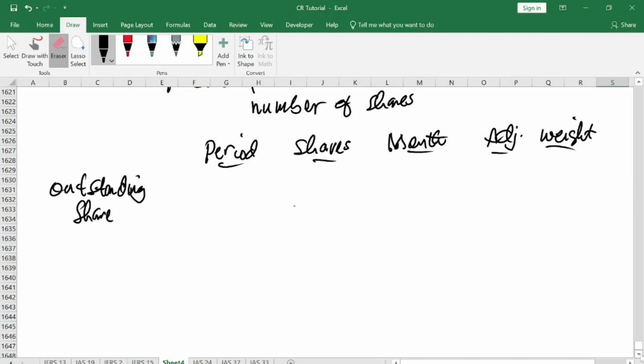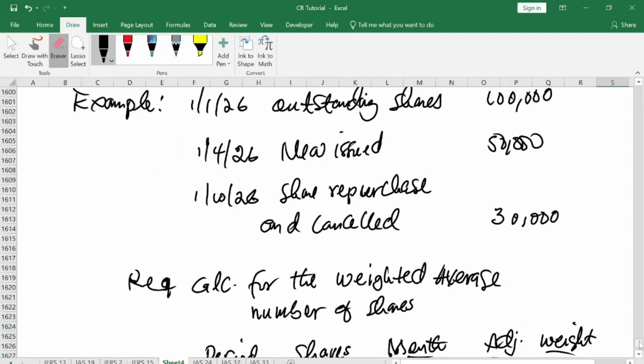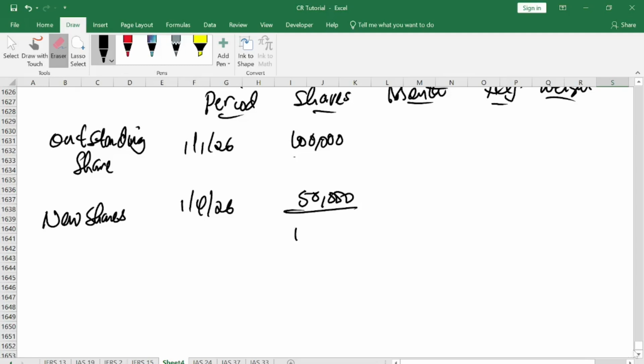It's 100,000, right? So when was it purchased? It was purchased on 1st January 2026, 100,000 shares. And the new share issue was in April 2026. And how much was bought? Let's check it. It was about 50,000. So when we are done there, you sum them up. So here we give it 150,000 shares.